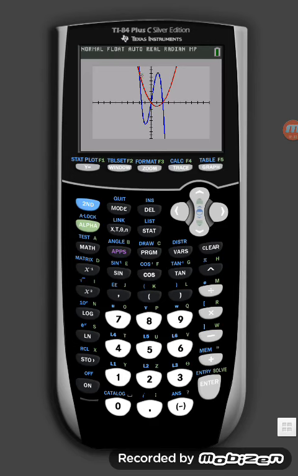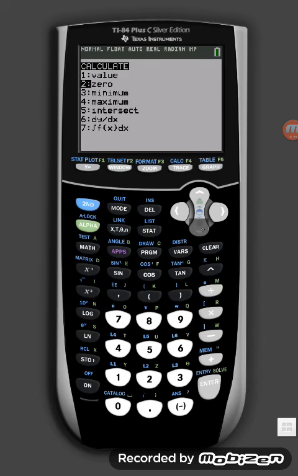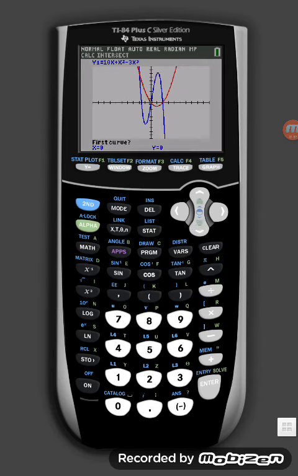The first one is close to x equal to -2, the second is approximately 0, and the last is approximately 2. So at -2, 0, and 2, those are the x values where they intersect. Later on we can use second calc and then intersect to find the points, but not now.